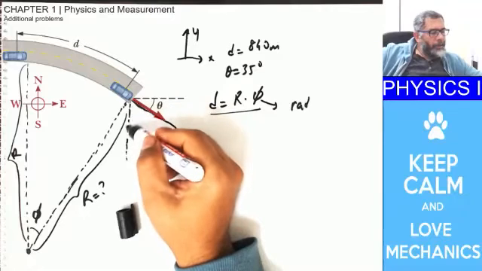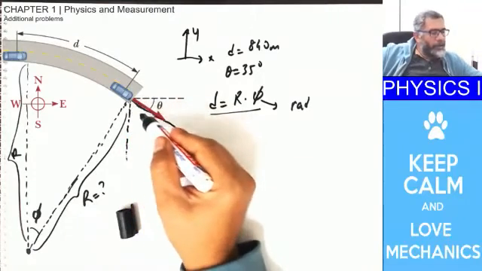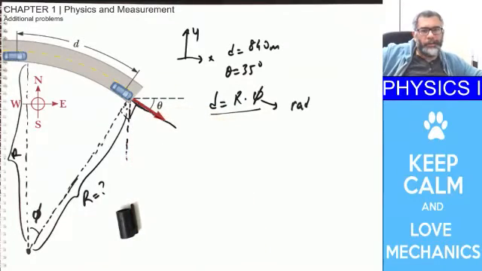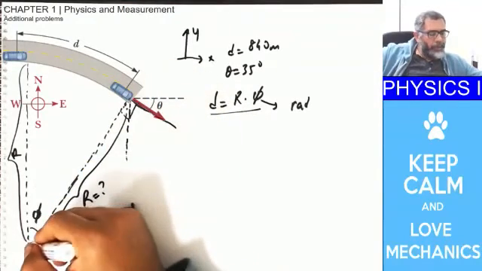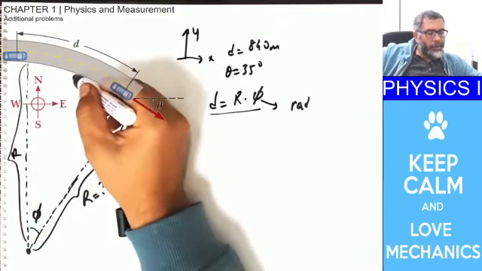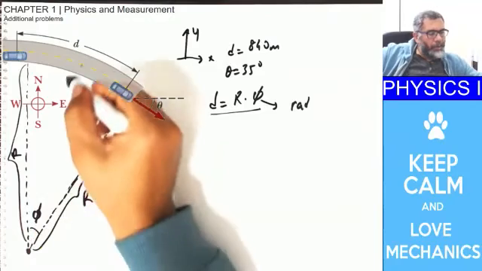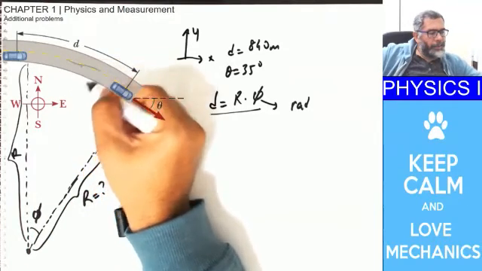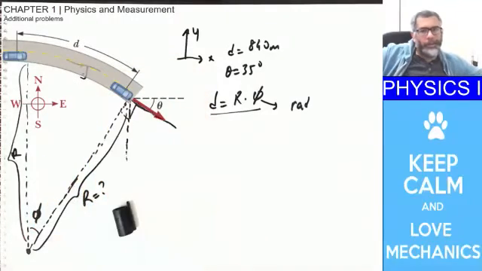And this line and this red vector are always at 90 degrees. I hope it is clear, because at any point on this circle, if you draw the radius line to that point, and also draw a tangent line at this point, this line and the tangent always make 90 degrees.